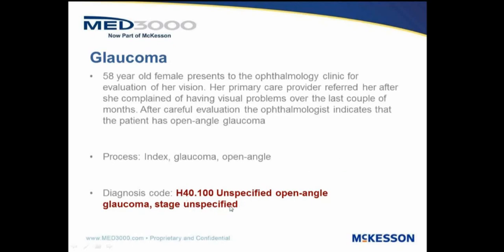It may say the stage unspecified, but again, you look at the index, you go to what the problem is, and the key is that the physician has documented open angle, because that is now within that terminology, and that would be a requirement.